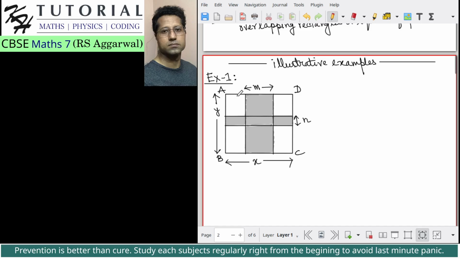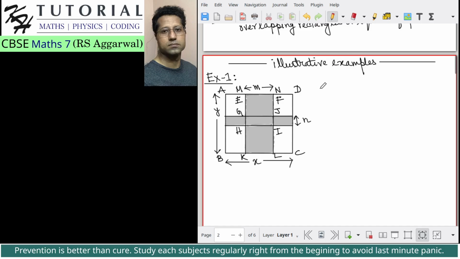So let's say this point is E, this is F, G, H, I, J, K, L, M, and N. Always name the corners of the shaded region, so that it will be easy to refer to the rectangles that you will form in step 1.